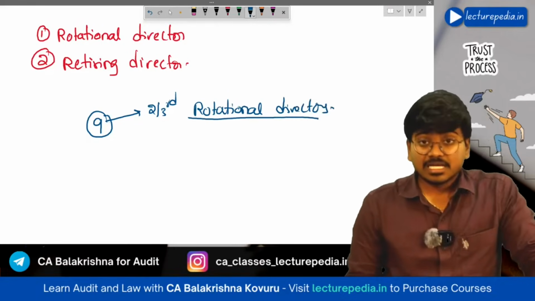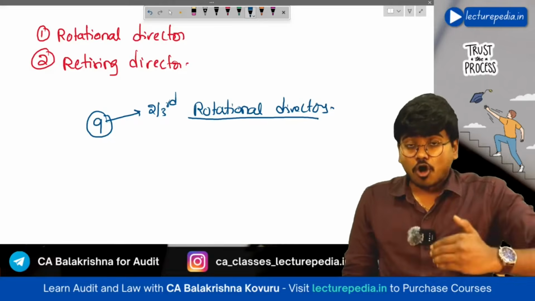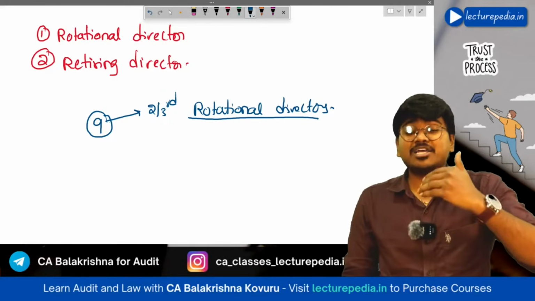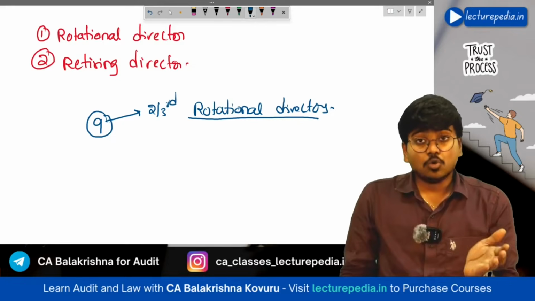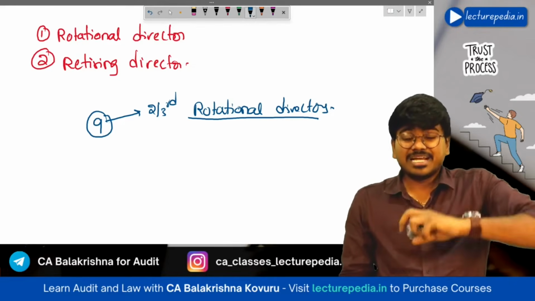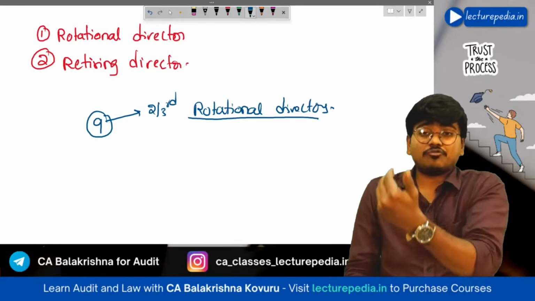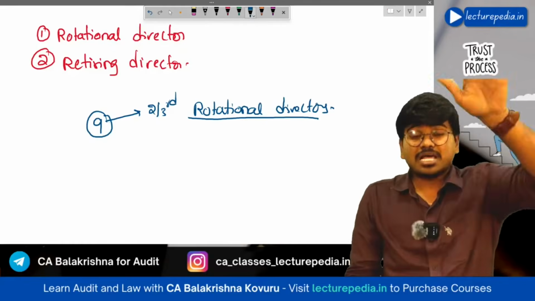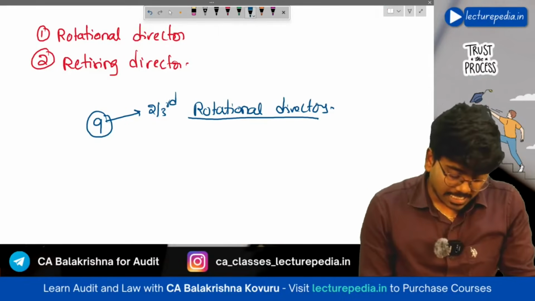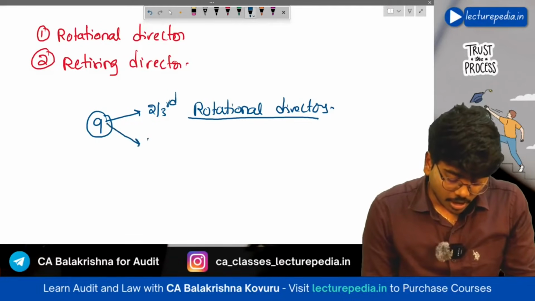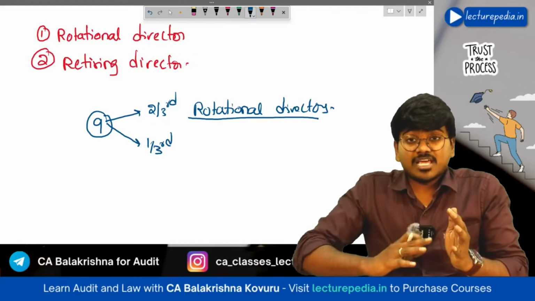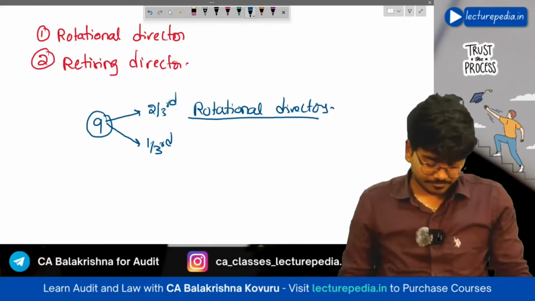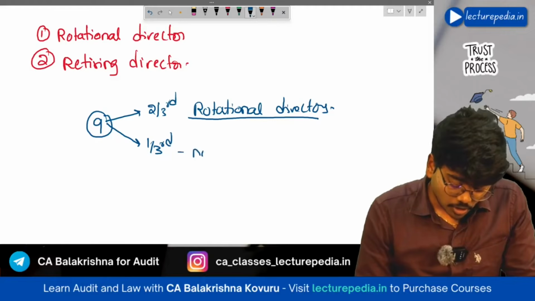Rotational director means their period of office has to be decided by this concept of rotation. The directors whose period of office is decided by this concept of rotation are known as rotational directors. And the remaining 1/3 can be non-rotational directors. That means their office can be for a fixed duration of time.